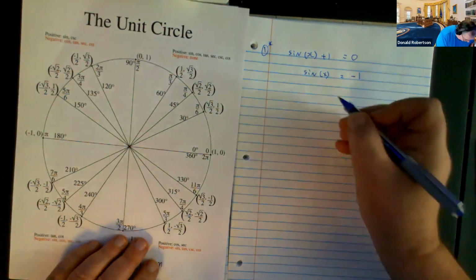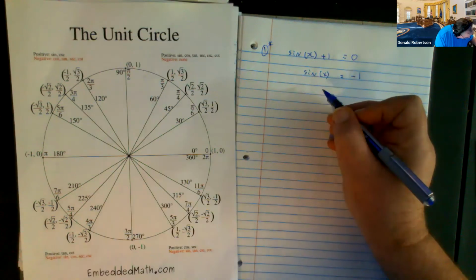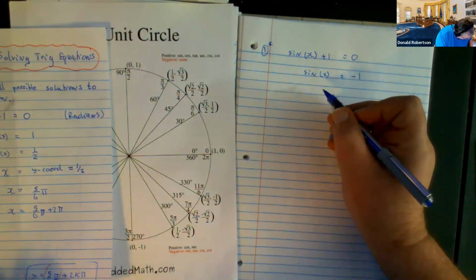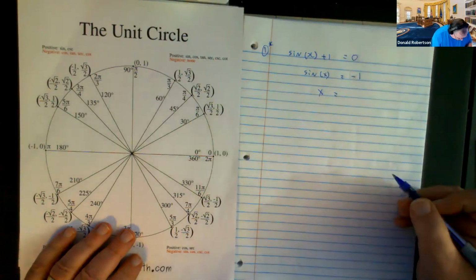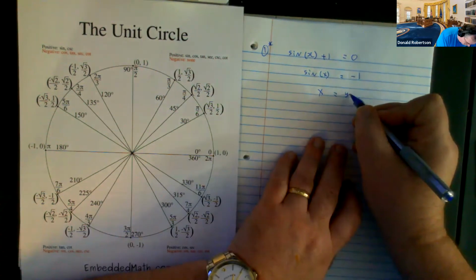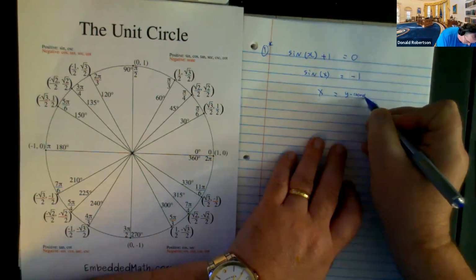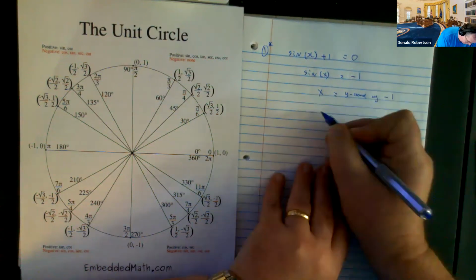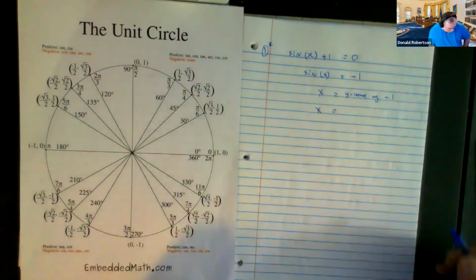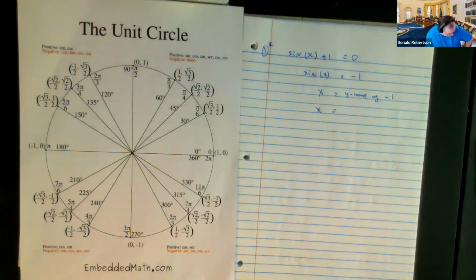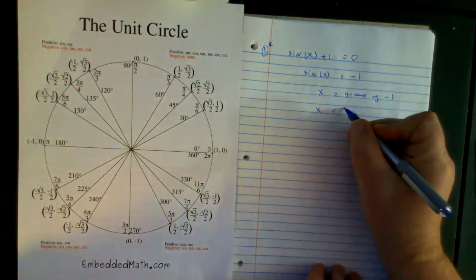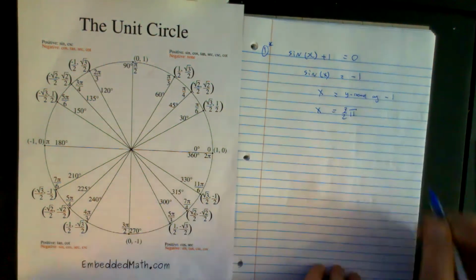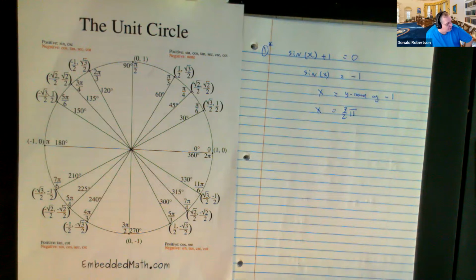And that becomes, aren't I looking for an angle x? And what is a sine? Well, I'm looking for a y coordinate of -1. What angle has a y coordinate of -1? 3 pi over 2. Right? Since we're sticking to radians. In fact, isn't that the only one in the unit circle?